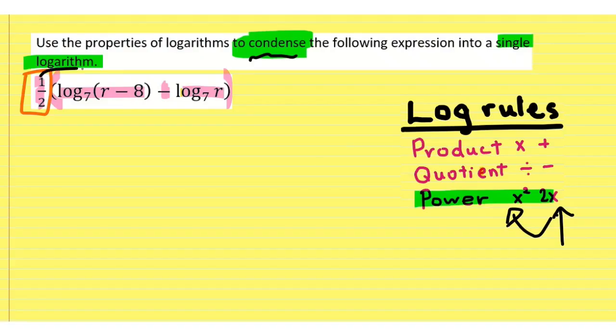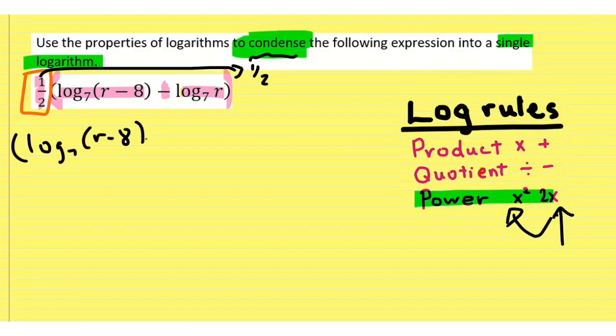So I'm going to take that 1/2, and it's going to move back into the power position. So I would rewrite that as the log base 7 of r minus 8 minus log base 7 of r, and that whole quantity is now being raised to the power of 1/2.